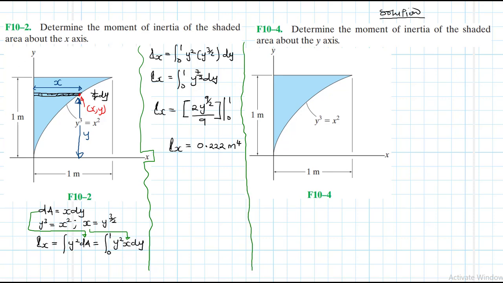Okay, of course. So then let's move on to the next stage, which is moment of inertia about the y-axis. So again here we are going to cut a strip that is parallel to the axis of interest. So we will have a strip like this. This strip will have thickness dx, and the strip cuts the curve at x, y, and then this whole height here from the x-axis is y, and then this one there is x.